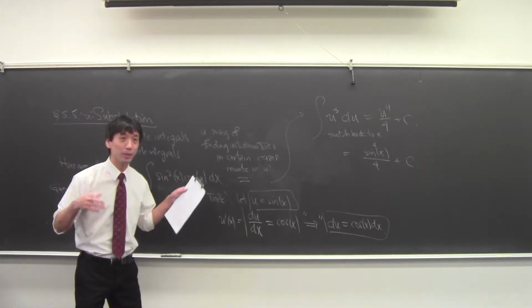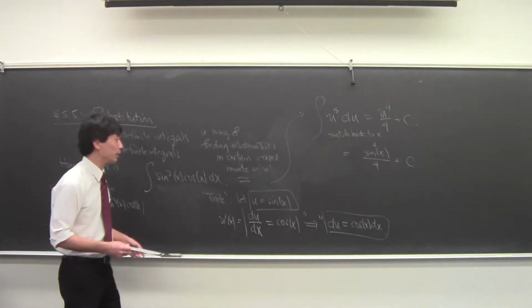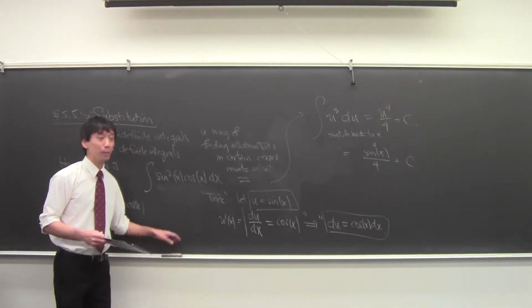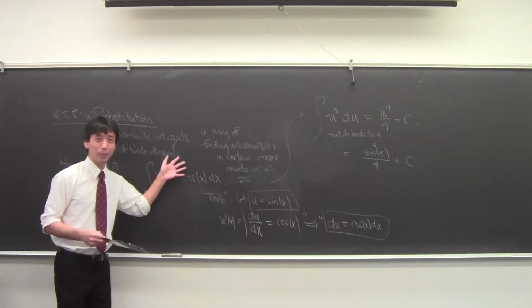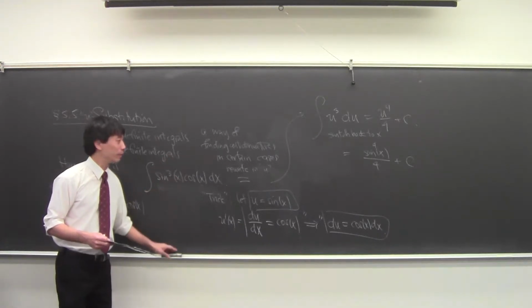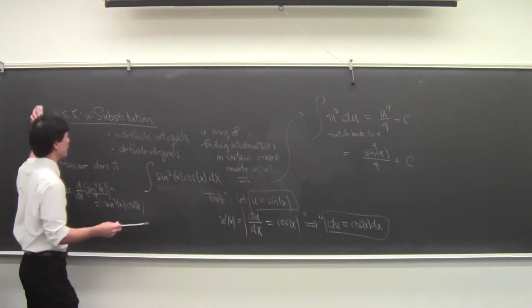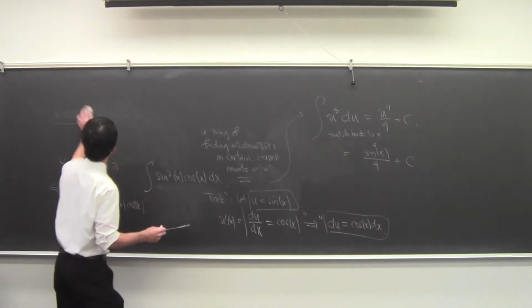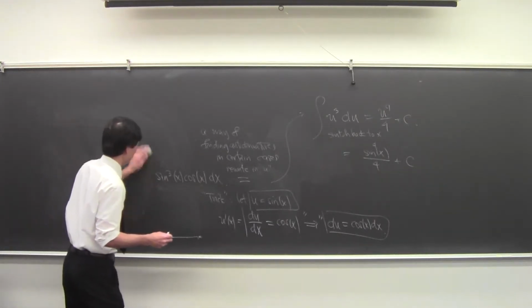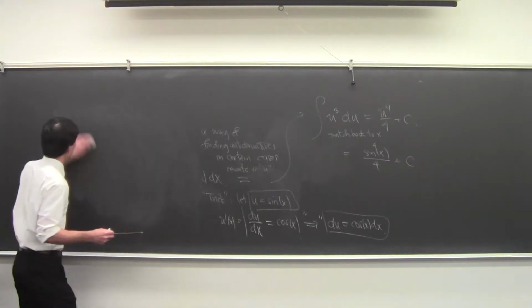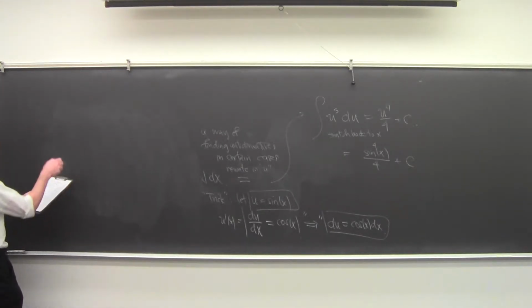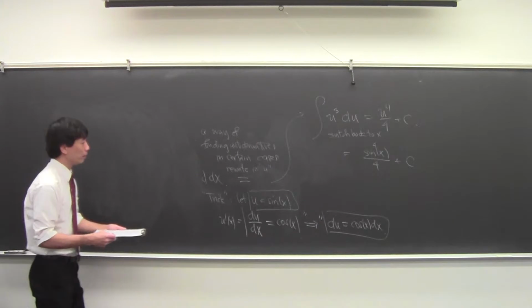So this is the trick of u-substitution. We'll talk about why we can do this in a couple minutes, but for right now, let's just do some exercises to get you used to actually doing it.